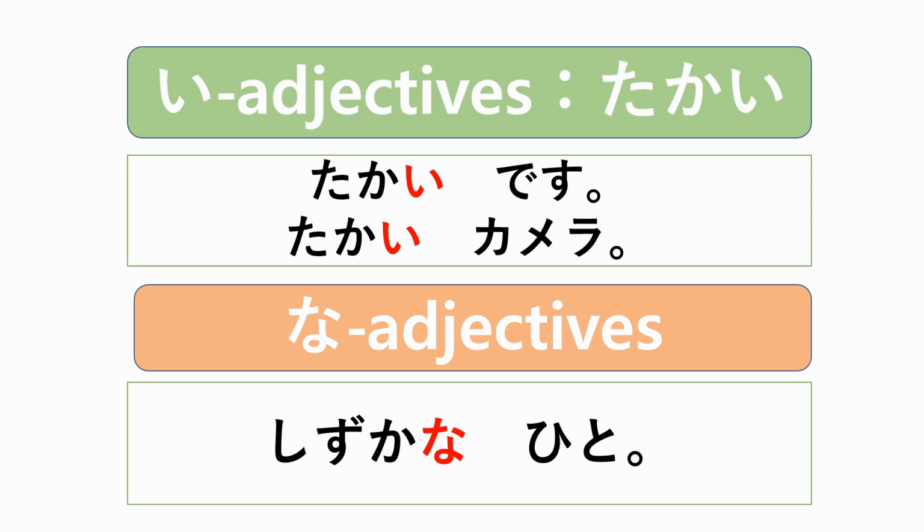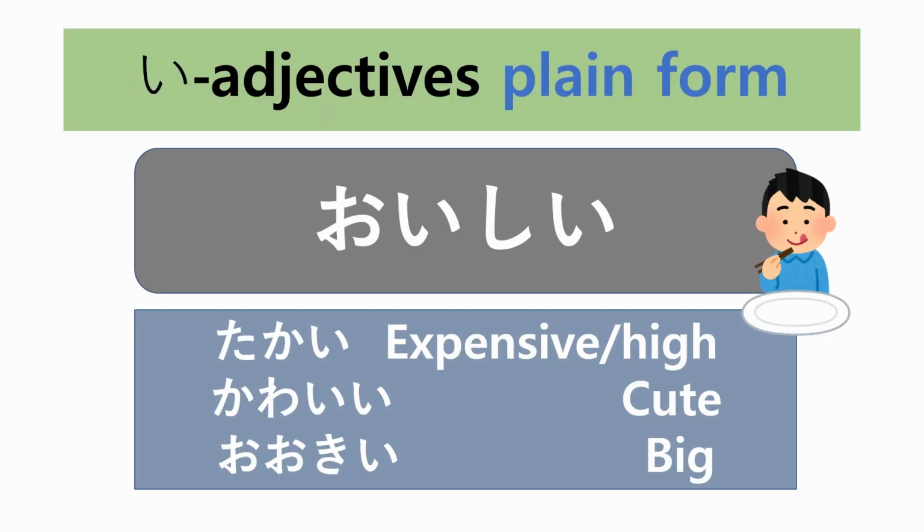In the case of na-adjectives, for example, shizukana means quiet. When you want to say quiet person, you will say shizukana hito. So the main difference is in how they are used to modify nouns and their conjugation patterns.